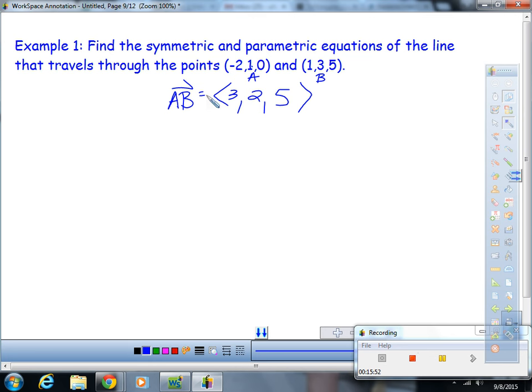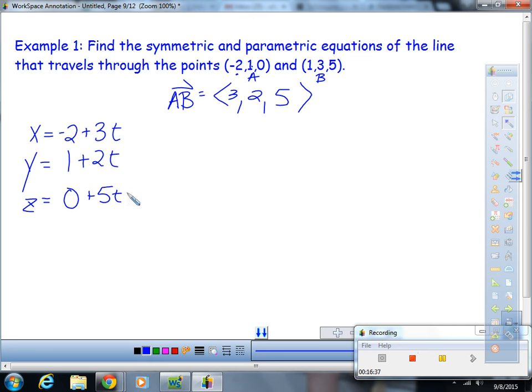So, notice, parametric equations. Normally those are easier to come up with. First, we can say x equals -2 plus 3t, y equals 1 plus 2t, and z equals 0 plus 5t.